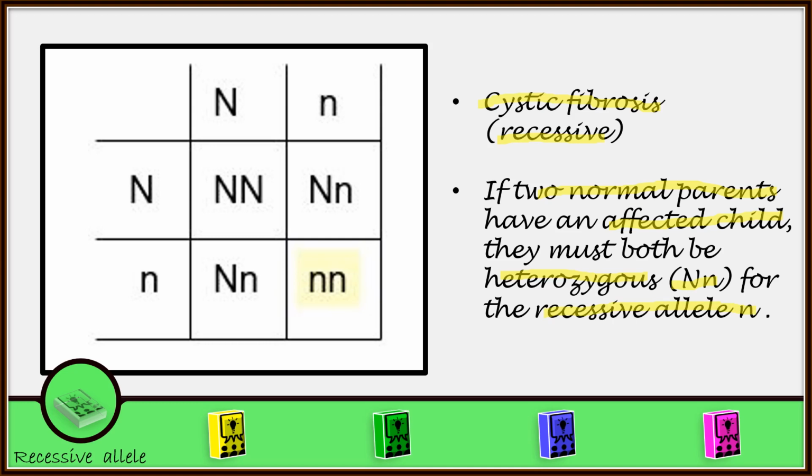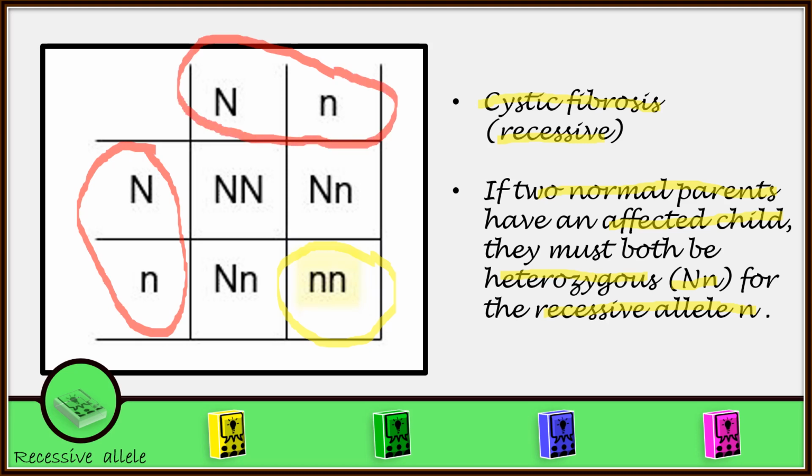So if we have this child being produced with cystic fibrosis, it means that both parents were heterozygous for the recessive allele, small n.